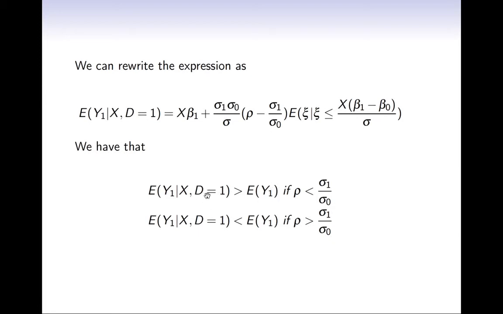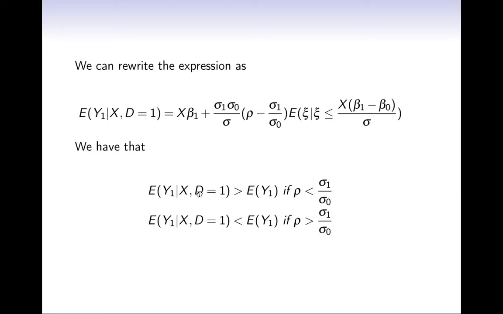Because we're saying either conditional on D equals 1 or just conditional on X. Okay, so if this is positive, then this overall expression is negative. And in that case, this is less than this. But if this term here is negative, then this overall term is going to be positive, because remember, this term is negative.